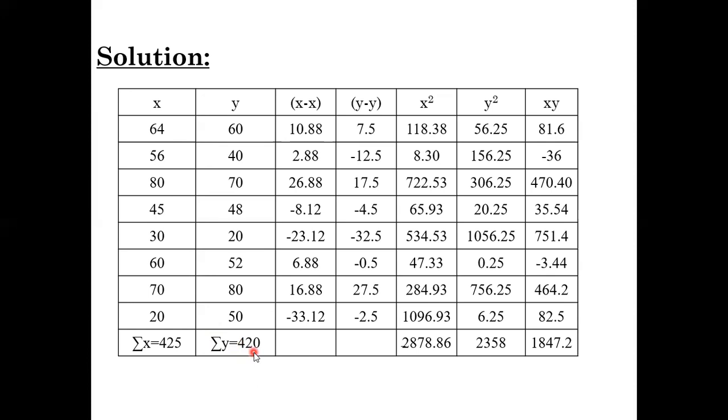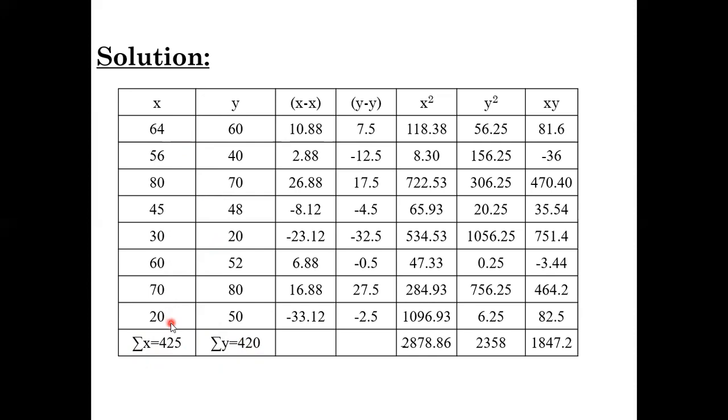See here, sigma y is 420. Now what we have to do is find the x mean from sigma x and the y mean from sigma y. How? Sigma x divided by n gives the x mean. Y mean is equal to sigma y by n. N means number of items.